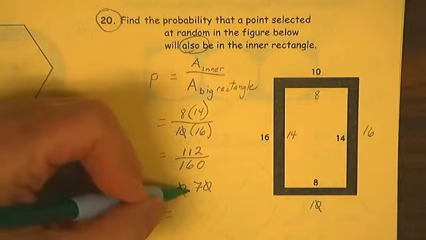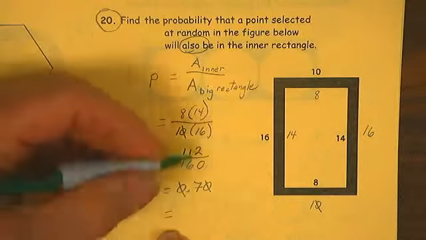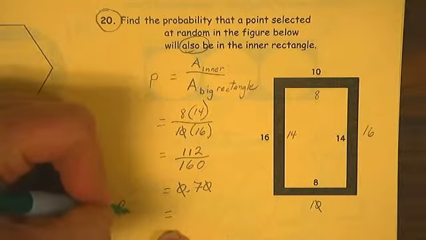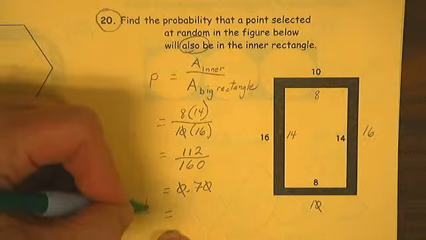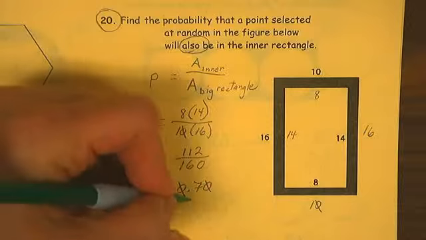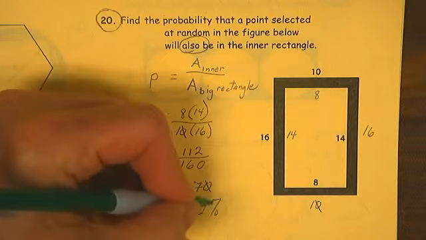To change from a decimal to a percent, I multiply times 100. The probability is 70%.